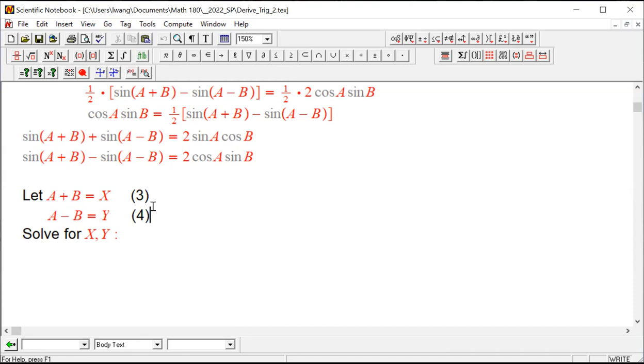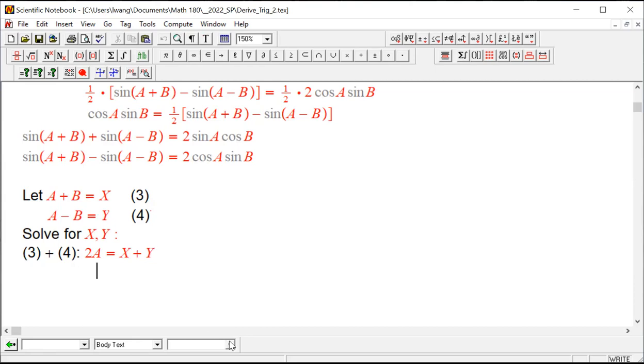We're going to solve for X and Y, so we do equation 3 plus equation 4. A and A makes 2A, and positive B minus B makes 0. That equals X plus Y.